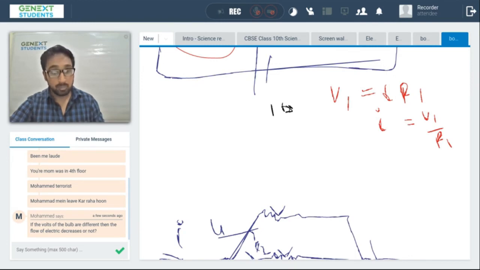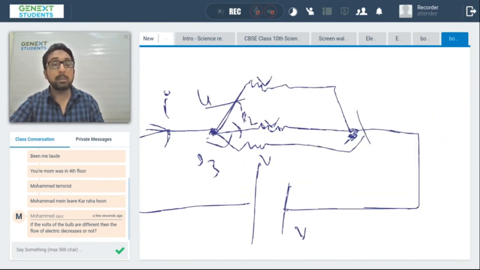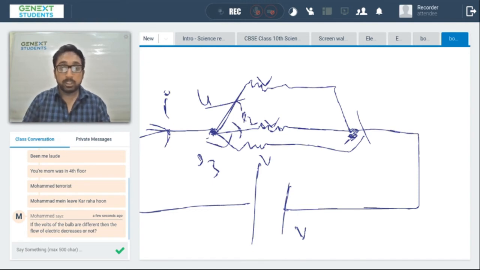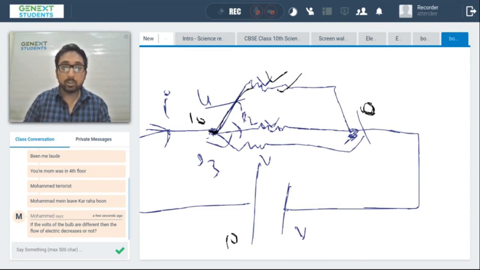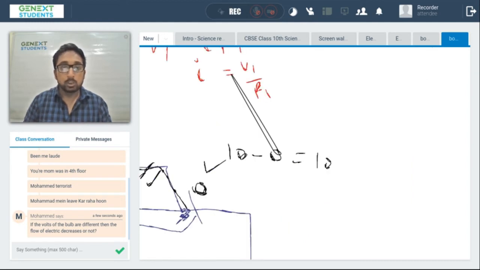But in this case, what is happening? The potential difference between this point, let's suppose this is also 10 and this is 0. For this particular circuit, current is traveling through this path, right? So for this path, the potential difference is 10 to 0. So 10 minus 0 is 10.